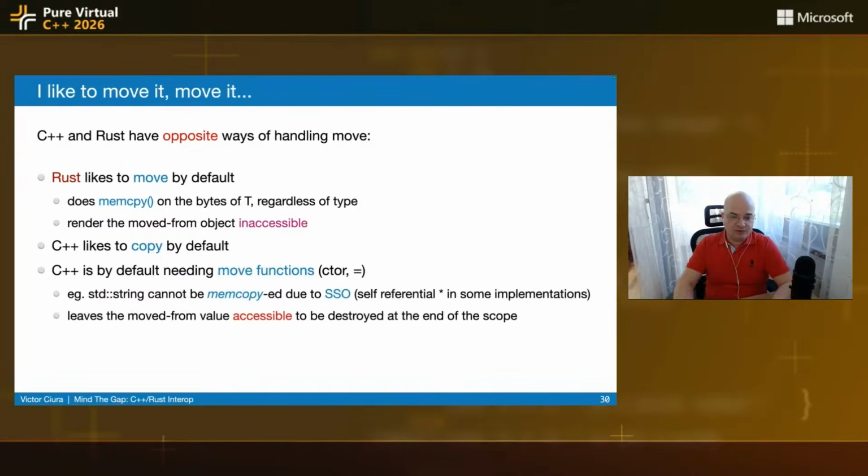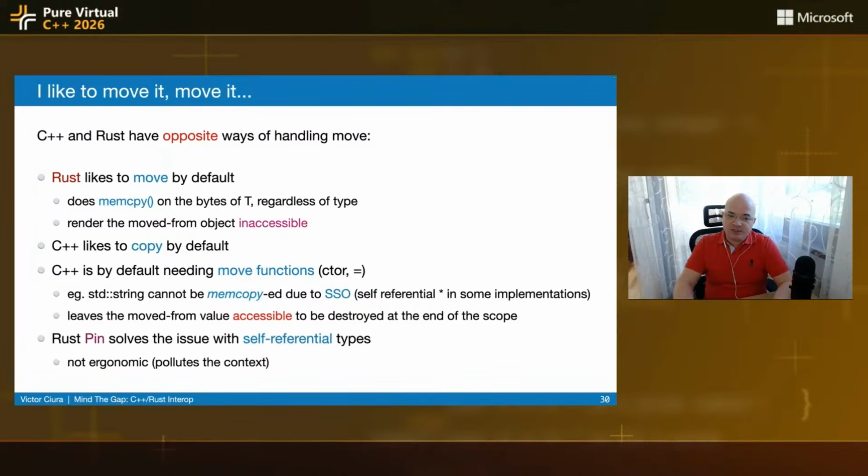And you have these special move functions, constructors, and assignment. For example, std::string cannot be memcopied due to small string optimization. It's self-referential in some implementations, not all. So again, it leaves the moved-from value accessible to be destroyed at the end of the scope, which is slightly different semantics than the Rust side.